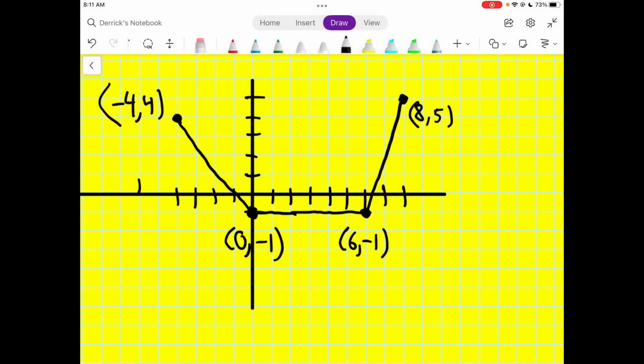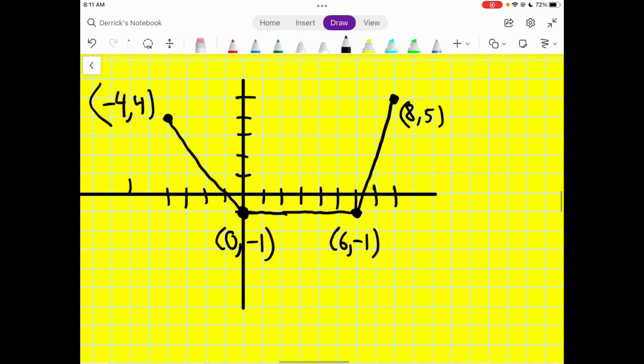Let's take a look at one that's a little bit more involved. We've got a little bit more going on with this one. I'd still want to start with the leftmost point of the graph, which in this case would be over here at (-4, 4). So I'm going to start with an x value of -4. And then if I look at this, I can see that it is starting to decrease to begin the graph. So I'm going to start off with a decreasing interval. I want to label it that way.